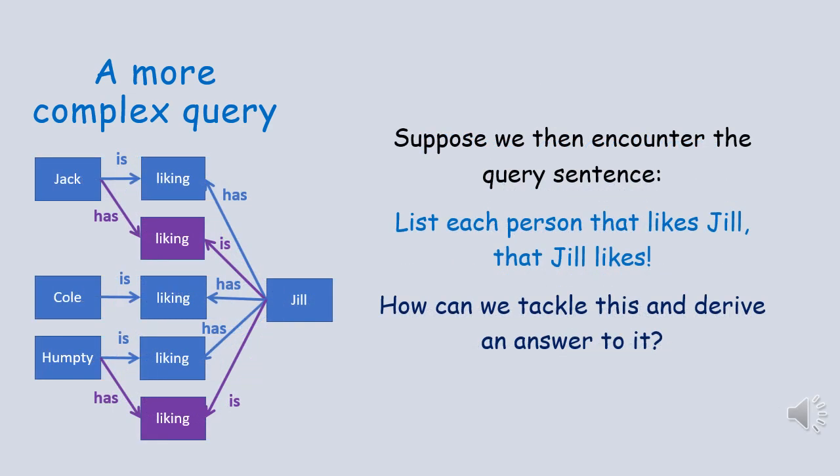Suppose we then encounter the query sentence, "list each person that likes Jill that Jill likes". How can we tackle this type of sentence and derive an answer to it?